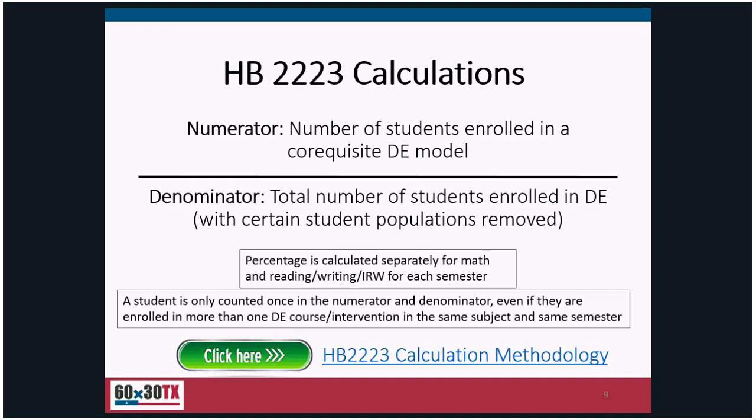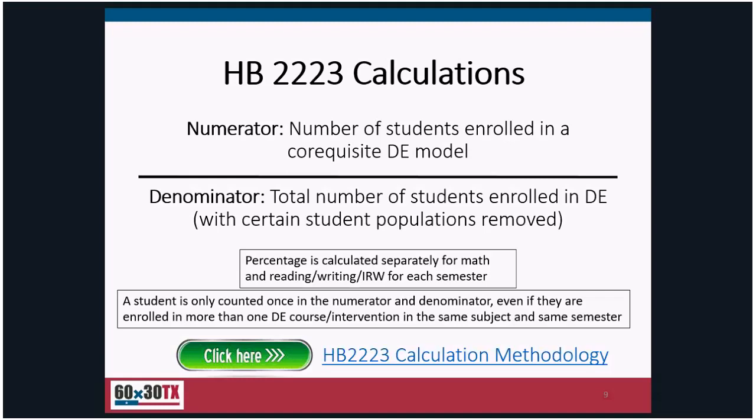Note that the percentage for House Bill 2223 is calculated separately for math and reading and writing, which is IRW, for each semester. For IRW, only IRW courses at the highest level are considered for corequisite purposes.